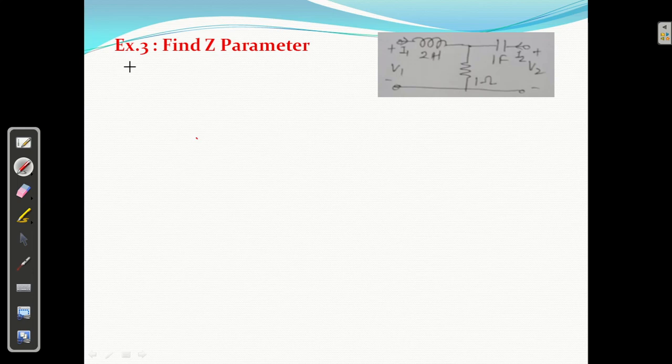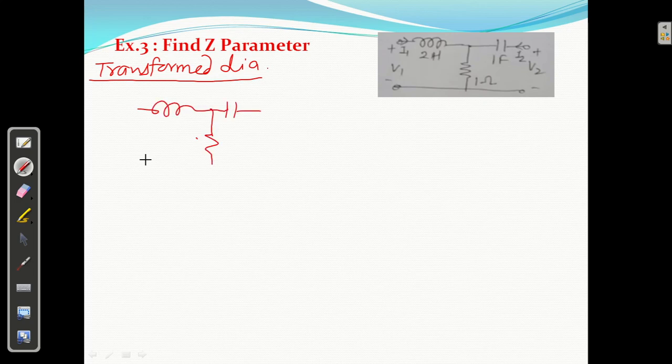Find the Z parameter. Whenever we have to find the Z parameter, what is the first step? Inductor and C are given, so the first step is to draw the transform diagram. We have studied in Laplace transform, if the initial condition is 0, this is the inductor, C is there, 1 ohm is there.